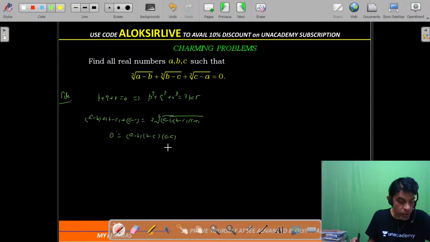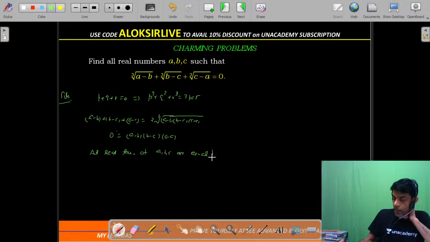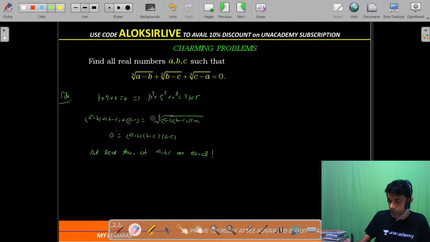If this is 0, at least 2 of a, b, c should be equal. Even 3 also will come, but at least 2 are equal. That way it will be done. So this is how we will do this kind of thing, that 3 times cube root of this one. So these are the examples which we are doing.